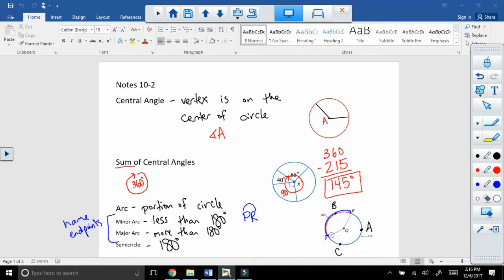So if you want to go the long way around the circle, you're still going to have P and R, but you need some other point in between. So you could name it PCR or PAR, or even if you started with R and went the other way. You don't need to include every point in between, but you need at least one more to show that it's going the long way around.